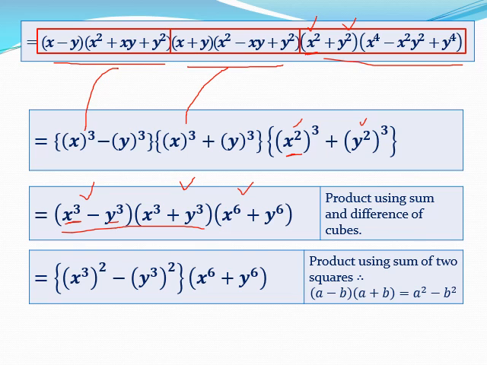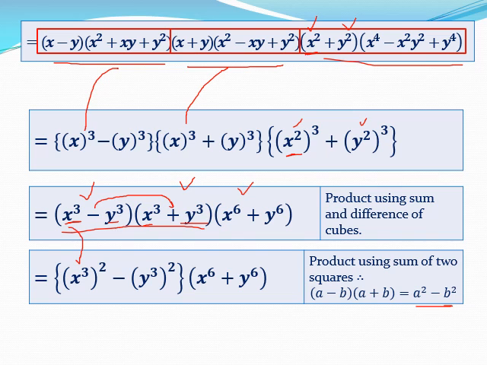Both terms are the same, x³ plus y³. Here the difference is just the binary operation. These are the sum of two terms and these are the difference of two terms, and both terms are equal to each other. So we combine these two factors with the help of (a − b)(a + b) = a² − b².